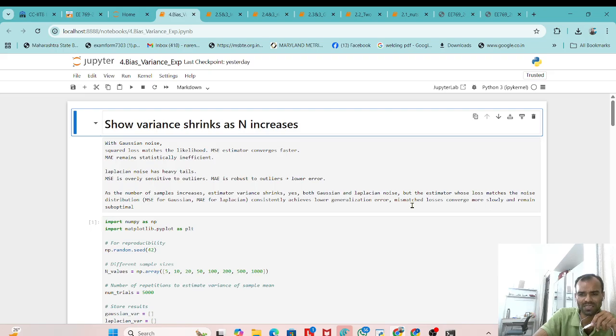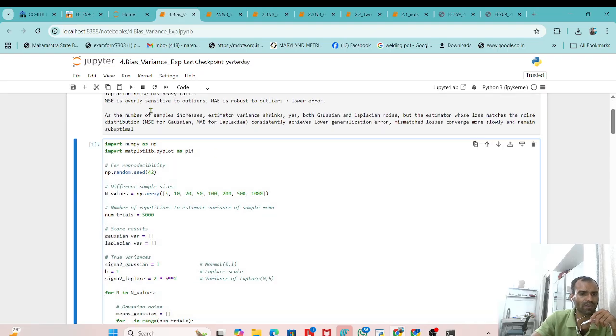If there is a mismatch, then the loss converges more slowly if we are not using the proper model, whether it is Gaussian or Laplacian. So we have to keep in mind that as you increase the sample size, it doesn't mean that the Laplacian and Gaussian error will converge. Blindly using any one is not possible. So this problem can arise.